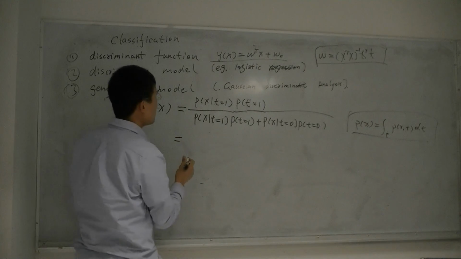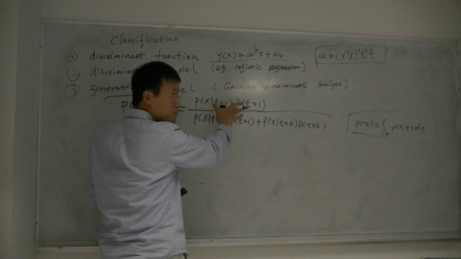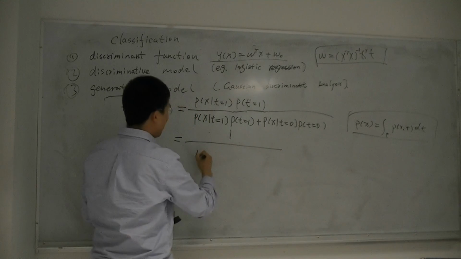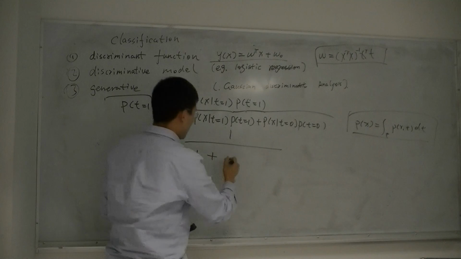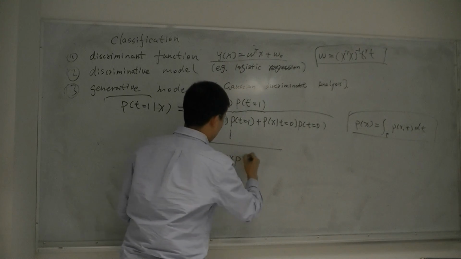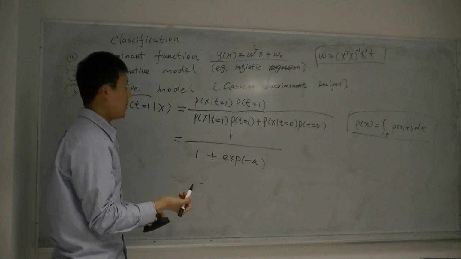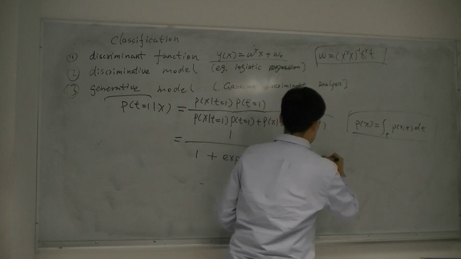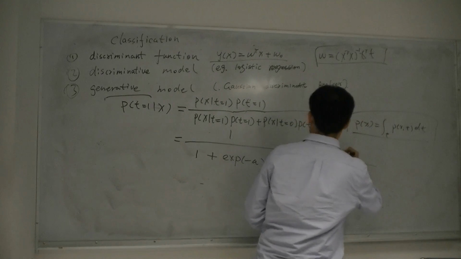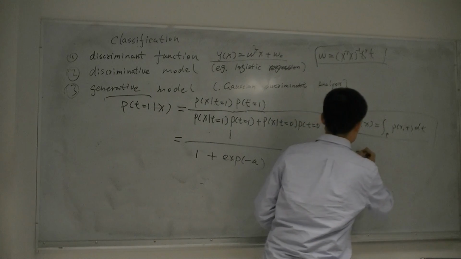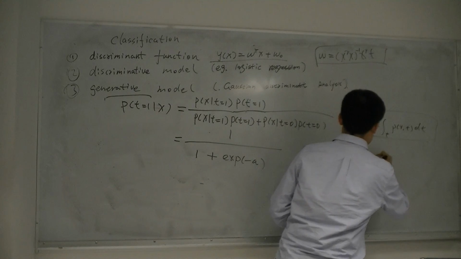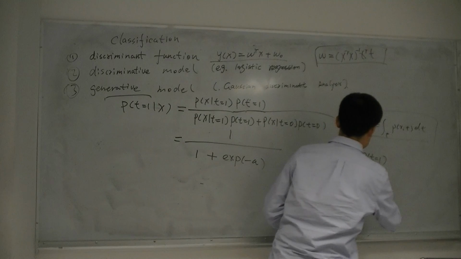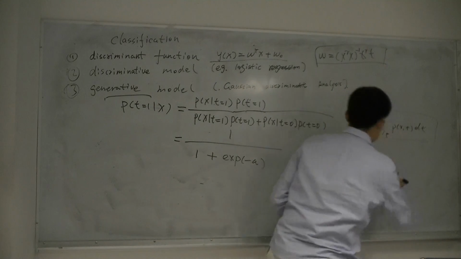And if we divide the numerator and denominator by the numerator, we get 1 over 1 plus exponential of minus a. Here a is equal to the log of p(x given t equal to 1) p(t equal to 1) over p(x given t equal to 0) p(t equal to 0).